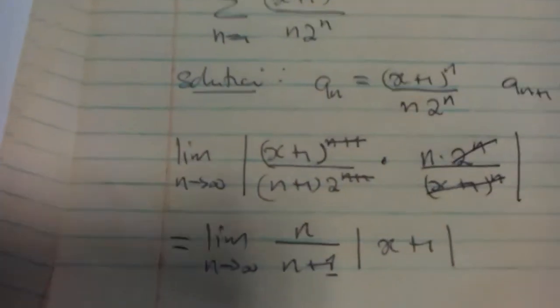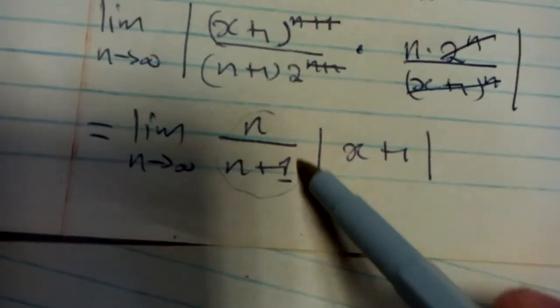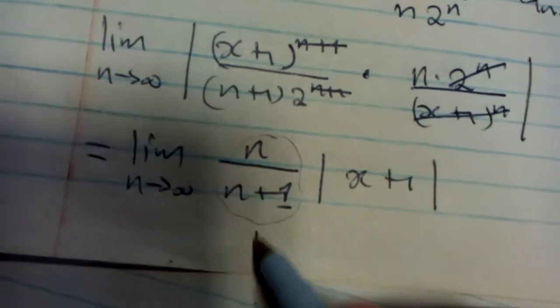Right, and this limit here as n goes to infinity goes to 1. Right, that limit goes to 1, and then we are left with what?